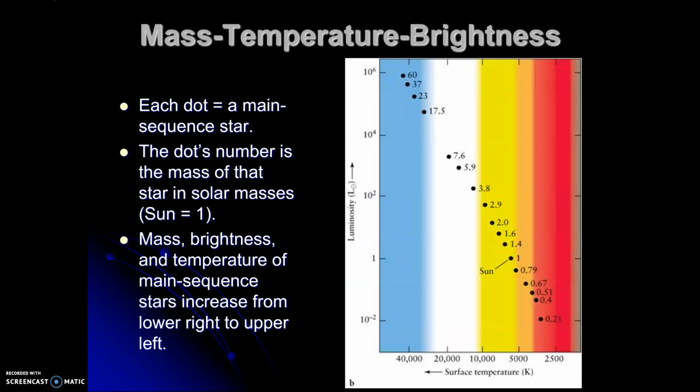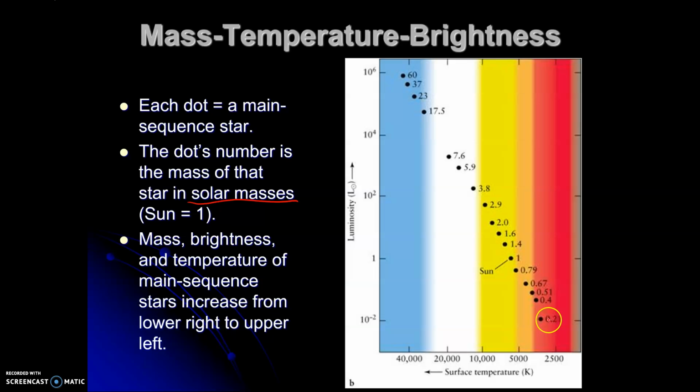Again, taking a look, each dot is a main sequence star. Each dot's number is its solar mass, compared to our sun, which is 1. Mass, brightness, and temperature increase from the lower right to the upper left.